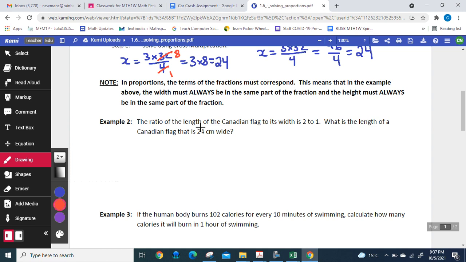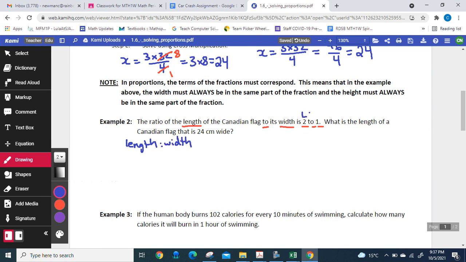So the ratio of the length of the Canadian flag to its width is 2:1. What is the length of a Canadian flag that is 24 centimeters wide? So in this case, we're going to be doing length to width.